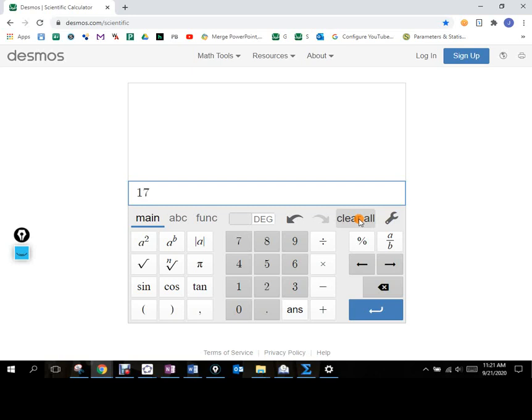For the mere fact that if I go 17 over 7, it gives me that nasty decimal, right? And at some point, to express that on my paper, I have to round it, correct? Does that make sense, everybody? So let's just say that I round that to 2.429. Let's just do that real quick.